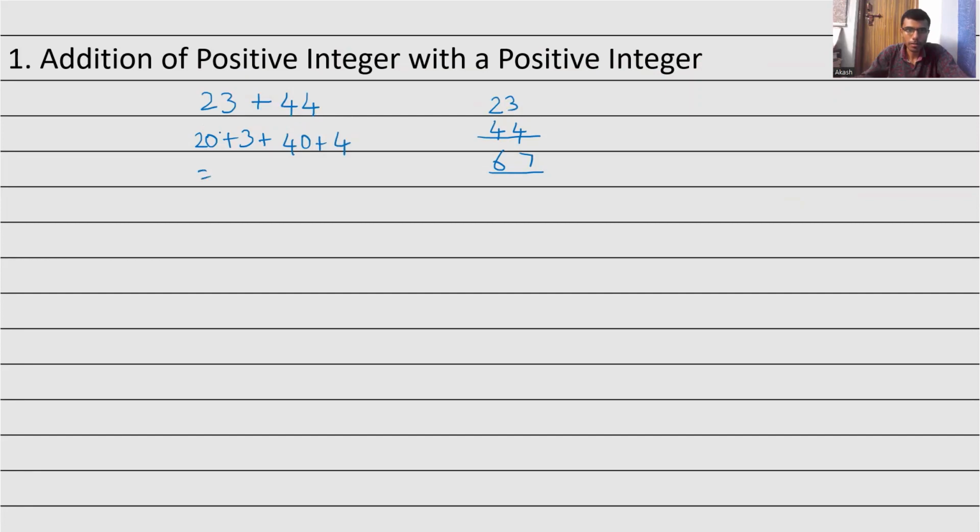So 20 plus 40 is 60, and 3 plus 4 is 7. So 60 plus 7 is 67. There's one shortcut from my side. See, in this I see that none of you make mistakes. Hardly anyone makes mistakes in addition of a positive integer with a positive integer.